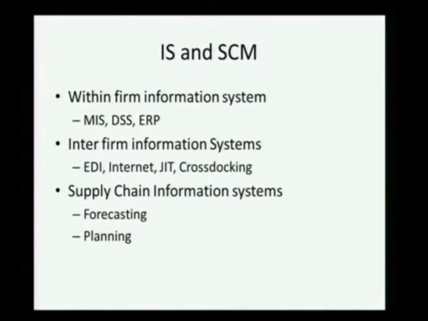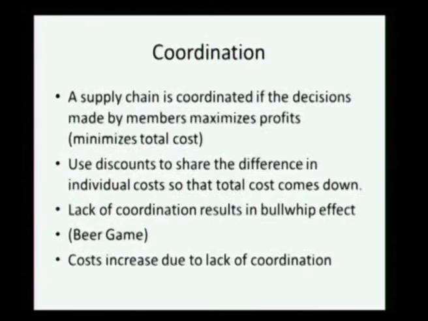We will need software that would do that, and information systems to support, create, maintain and execute such software also have to be created. Then we talk about supply chain information systems, which use ideas from inter-firm as well as within firm systems.